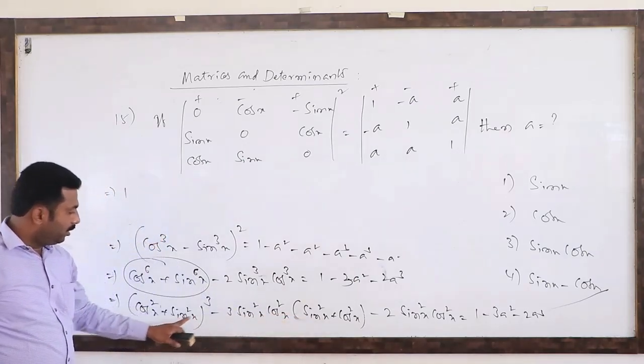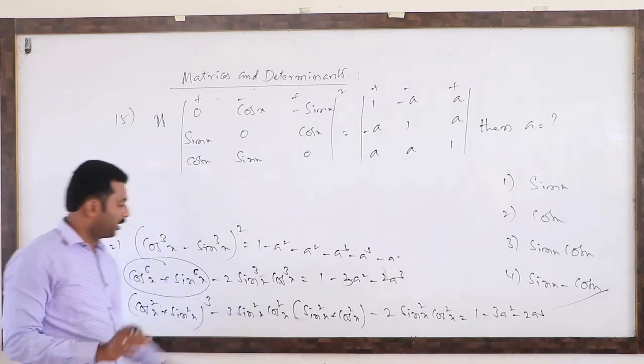So finally minus 3 sin square x cos square x.